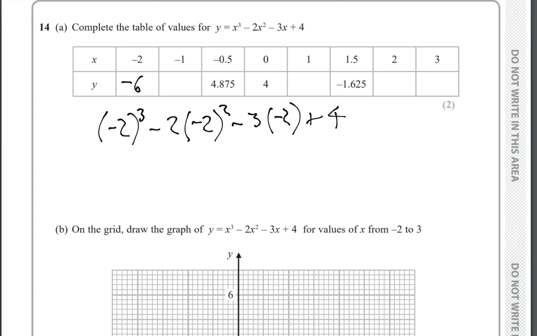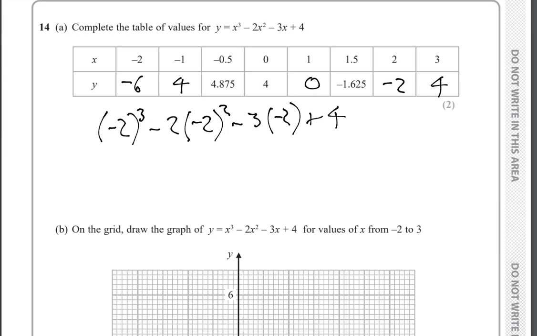And then if I do the same for the next one, I get 4. 1 is then easier. It comes to 0, and then this one comes to -2 and 4.